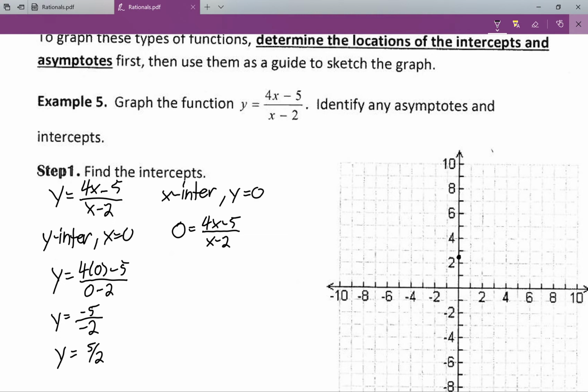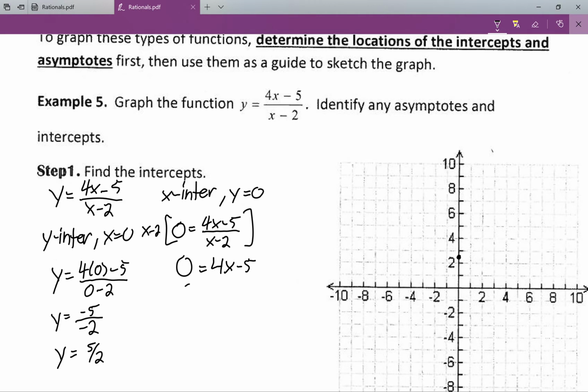One of the ways is I can just look at the numerator, and realize that the numerator is the only thing that matters when we're equating a rational to 0, because the denominator just makes it undefined. Or if you want, we can multiply both sides by x minus 2. X minus 2 multiplied by 0 is 0. X minus 2 multiplied by (4x minus 5) over (x minus 2) just gives me 4x minus 5. So I get 0 equals 4x minus 5.